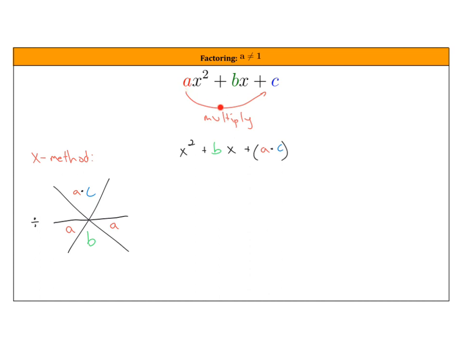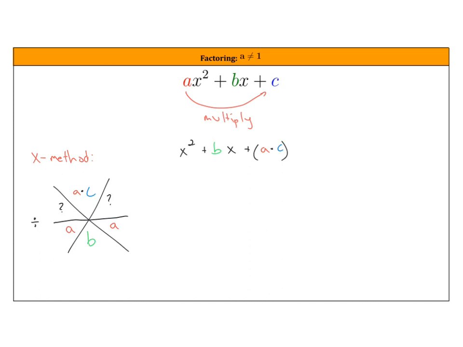And because we multiplied here, we need to make sure that we divide a back out of our answer, right? It has to do with equality. Whatever you do to one side of the equation, you have to do to the other. Whatever you do to the numerator, you have to do for the denominator, etc. So same thing here. If I multiplied in, I need to make sure I divide back out.